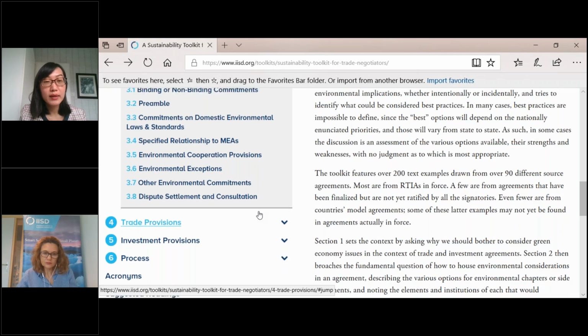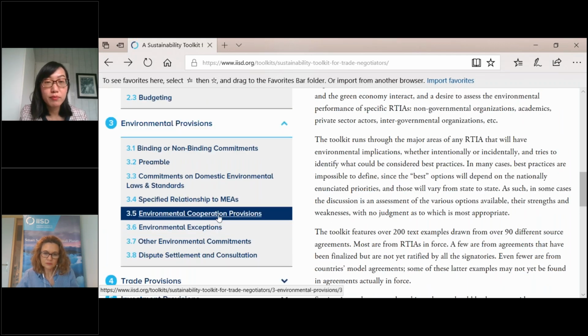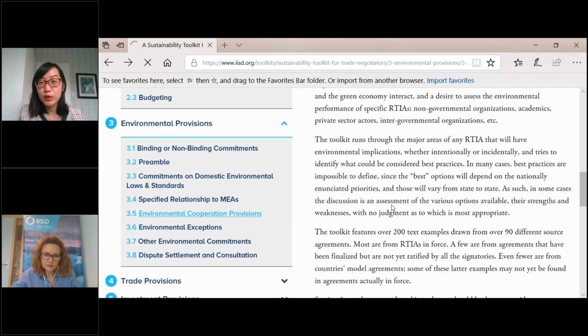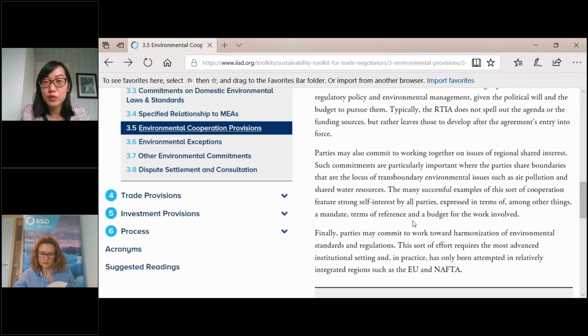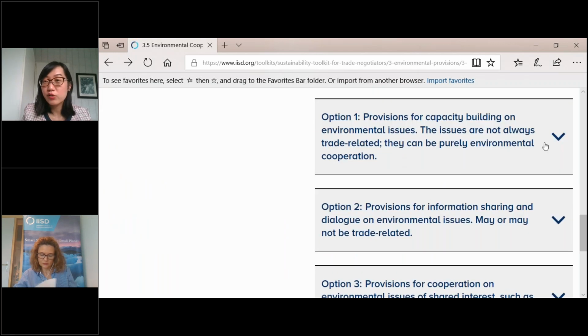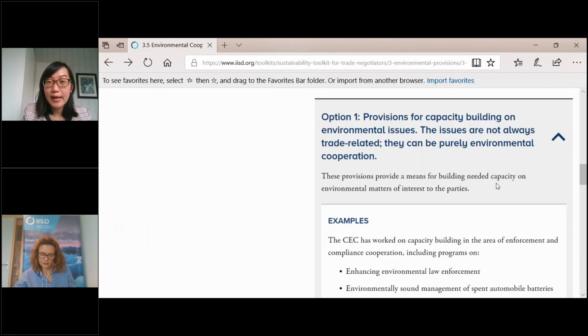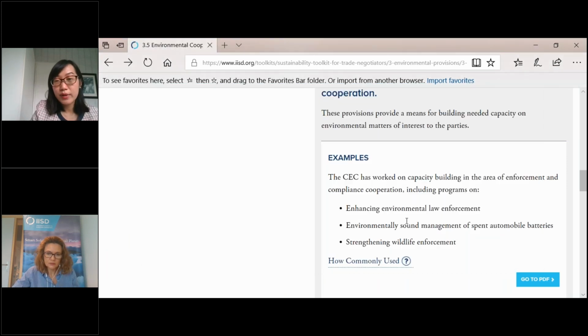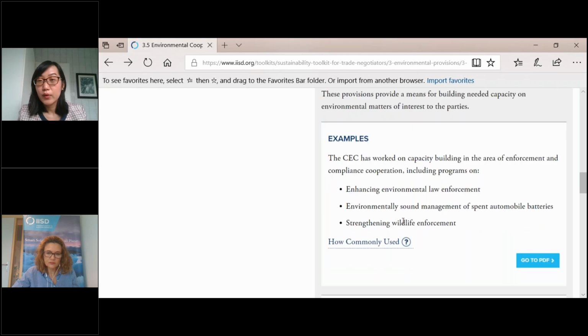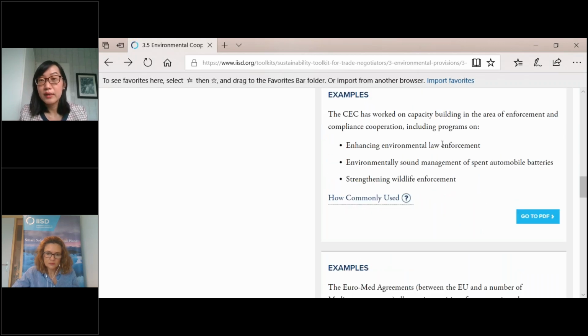Here, I just want to take one example, environmental cooperation provisions. If you click in here, after the analysis of the background and the rationale, you can see different options. And with each option, we have added examples from 90 agreements. So here you can see, here is the example.